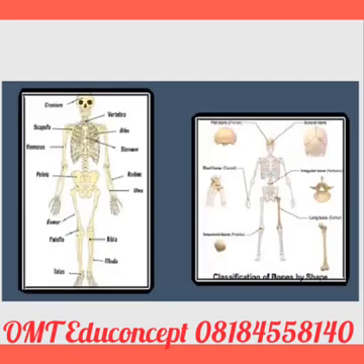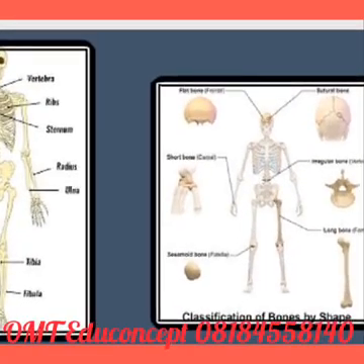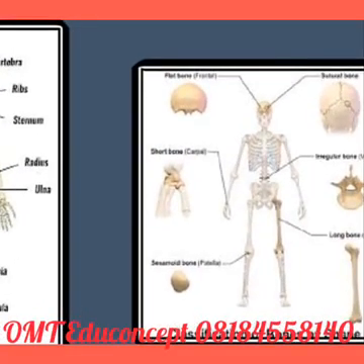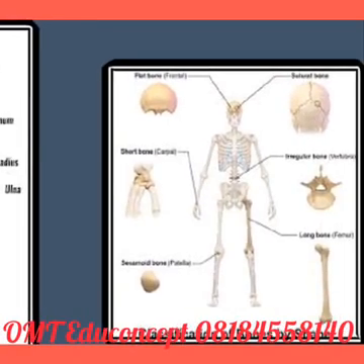If you go back and look at the image, especially the second one, you will see the short bone in the wrist, flat bone in the skull, irregular bone in the spine, and long bone in the leg where we have the femur, and so on.